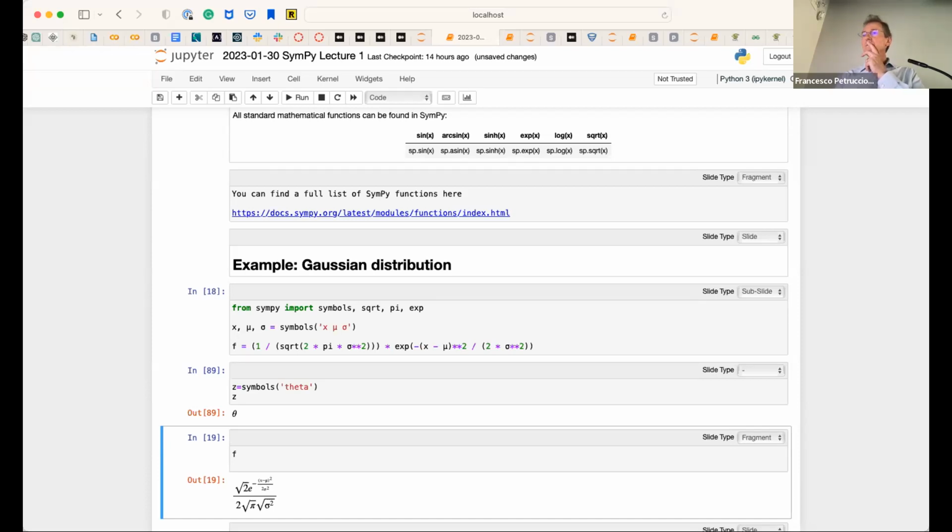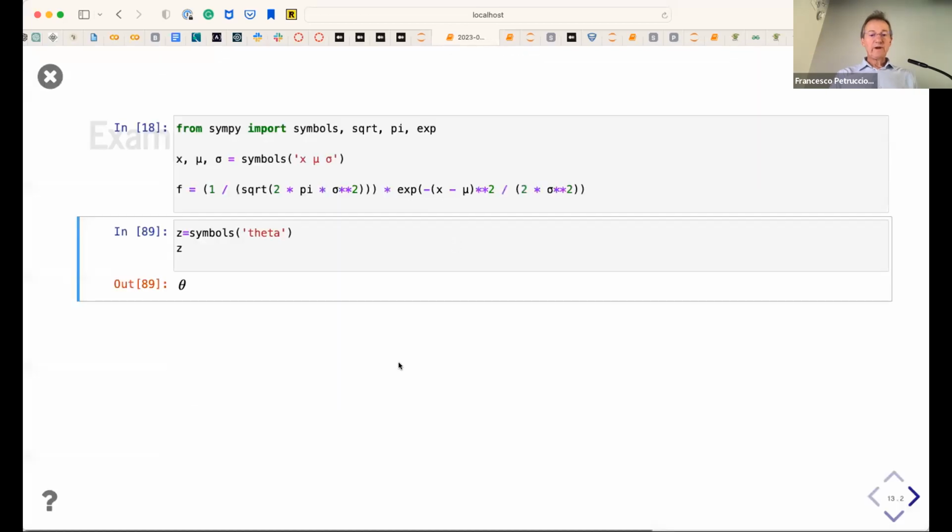What did I do? Those are the mysteries of programming. I will find out, I hope, for this afternoon. Anyway, something magic happened here. We will find out.